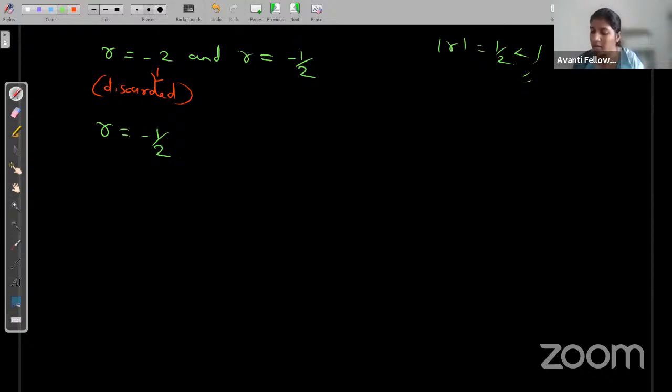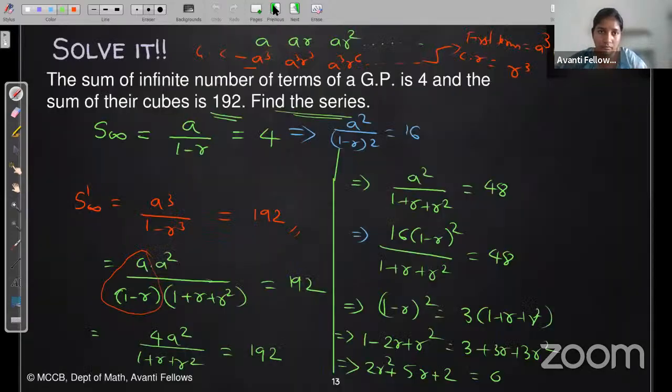Okay. So now we know the r value. Now just substitute the r value in this equation: a upon 1 minus r is equal to 4.